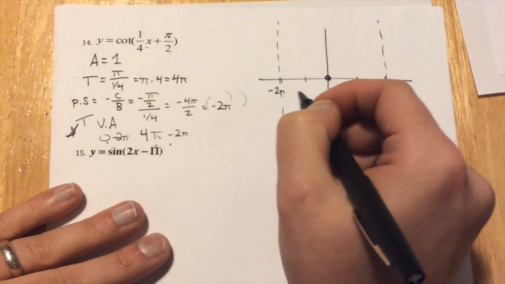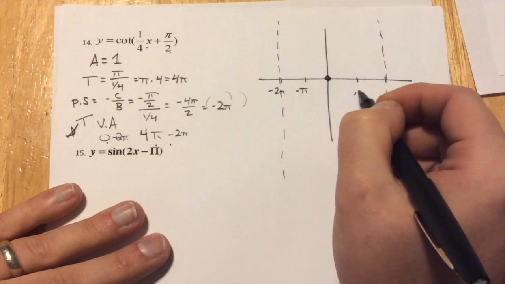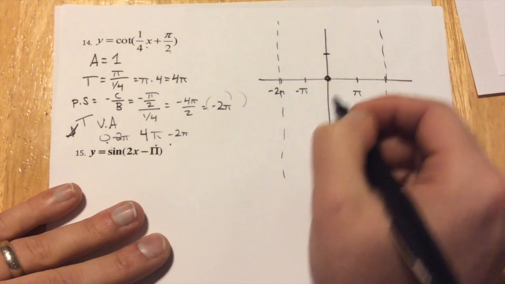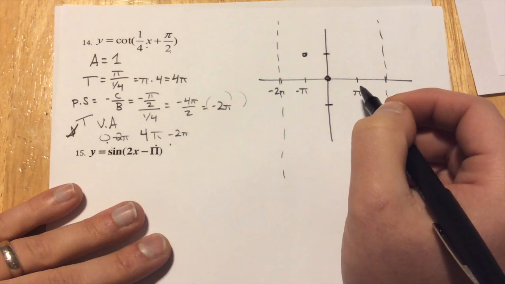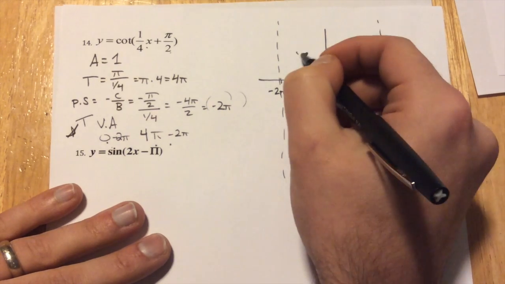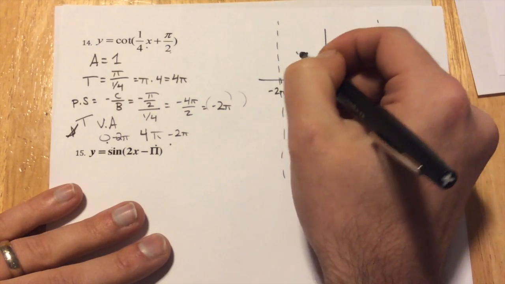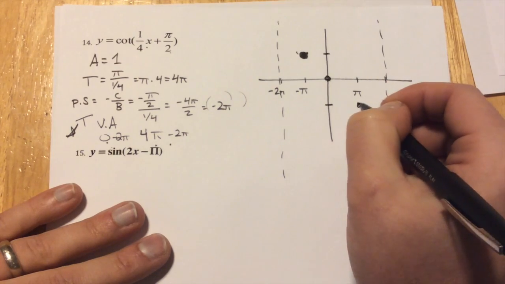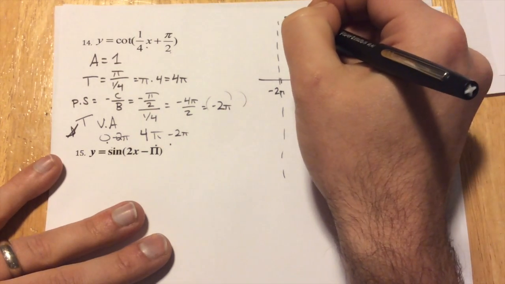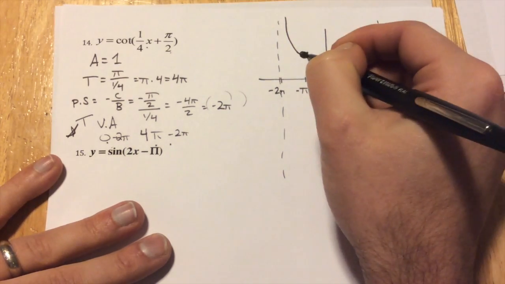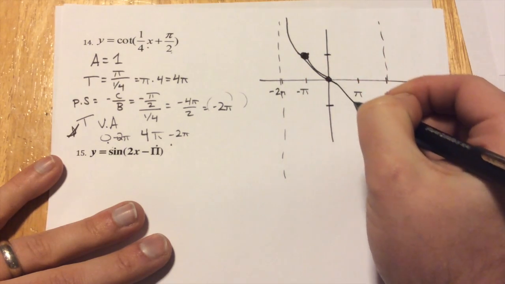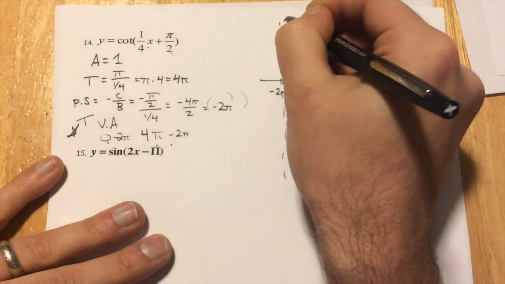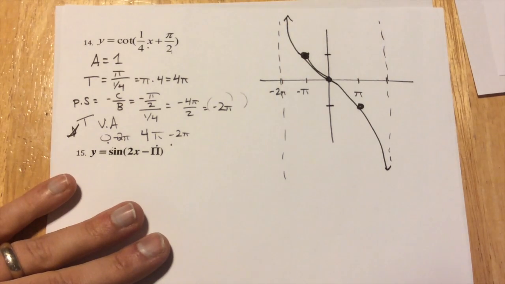If I plug in halfway in between, so negative pi or at pi, I'm going to be up or down my amplitude. Sorry, if I plug in negative pi, I get a negative, and if I plug in a positive, I'm down here. So if I can draw this smoothly, there is my cotangent graph.